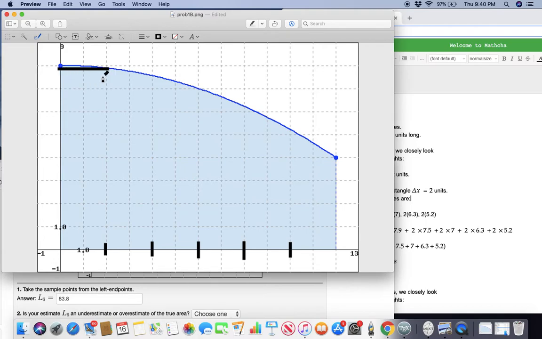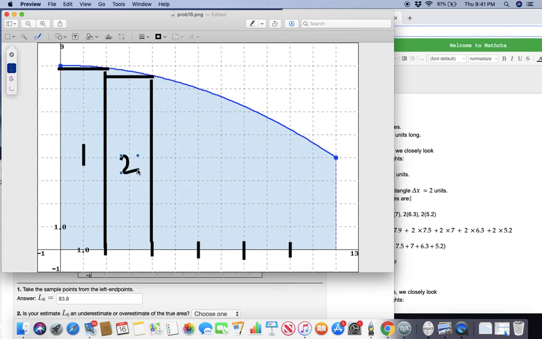And then that's my first rectangle. For the second rectangle, I start from here, see where it meets the curve. So it is even lower. So this is the second rectangle. For the third one, it's even lower.